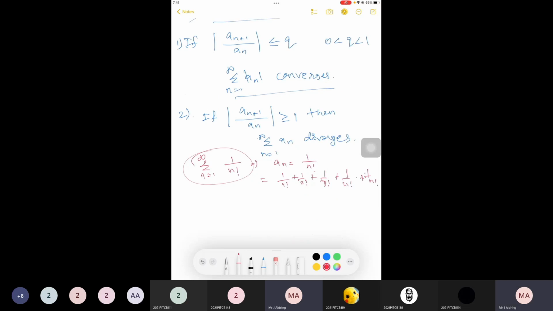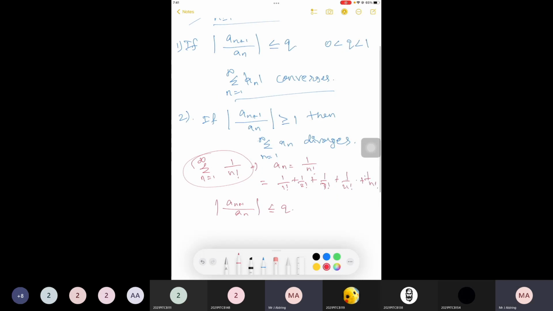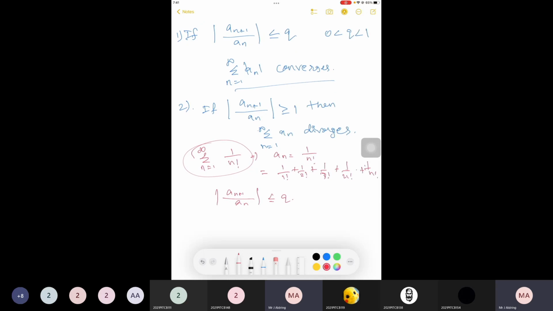Here, you can see the first condition. If the modulus of a_(n+1) divided by a_n is less than or equal to q, a certain number with 0 less than q less than 1, then it's convergent. Here a_(n+1) by a_n is (1 by (n+1) factorial) divided by (1 by n factorial), which tends to 0.